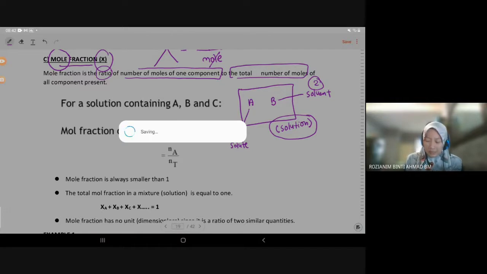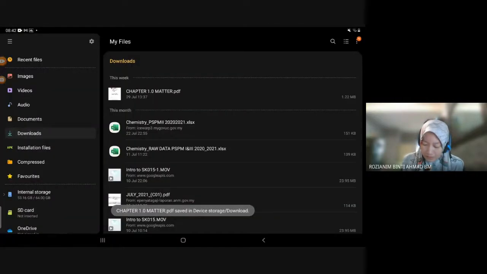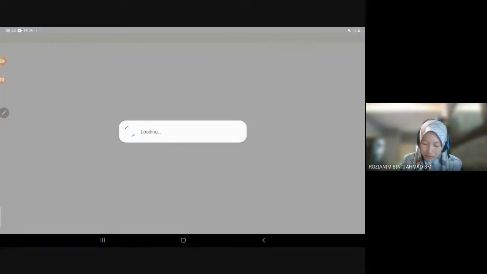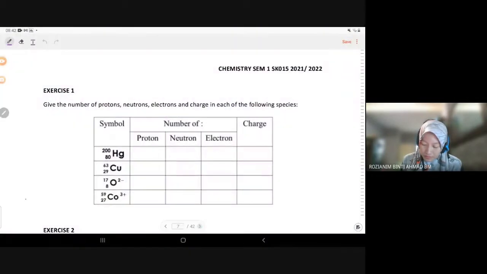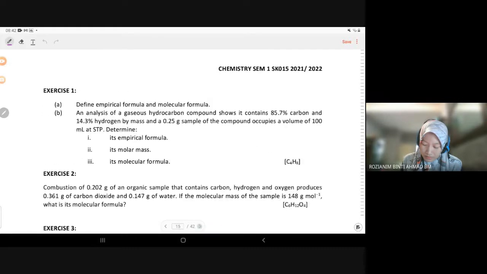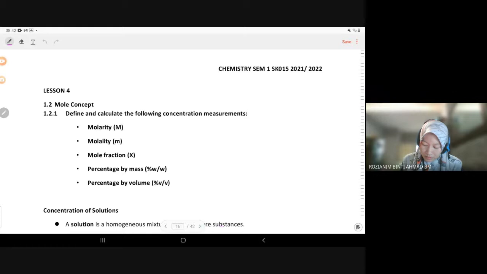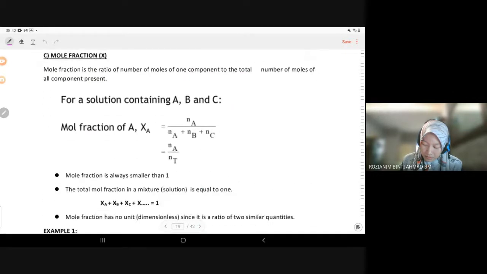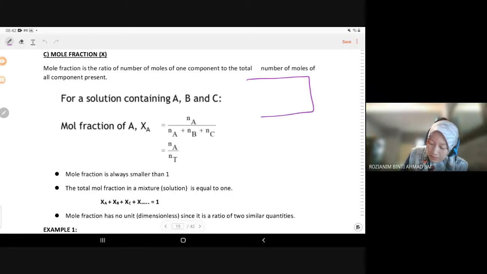So this side you have a solute, I label with A, and then we have a solvent, I label with B, dalam ni untuk solution kita.